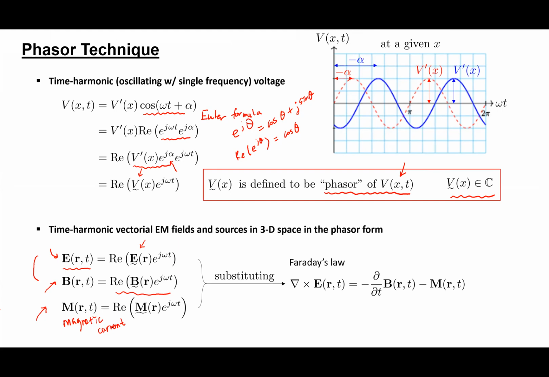We can also assume that this current is time harmonic. Then we can represent it in this phasor form. And let's substitute these three representations into Faraday's law here.